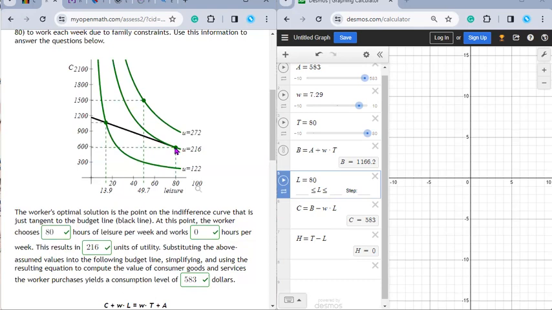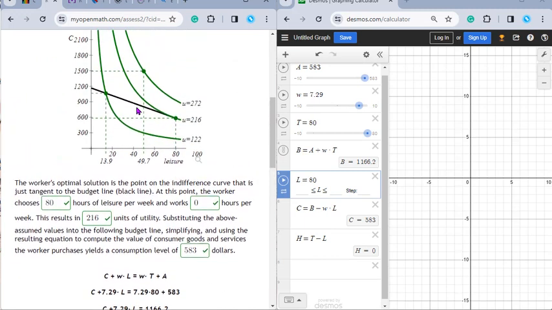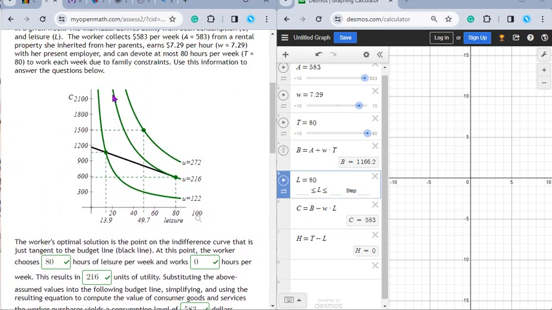So at this point, the curve and the black line are essentially parallel, which means they have the same slope, although the marginal rate of substitution is a lot more negative here than it is here, meaning the slope of this curve varies over leisure.